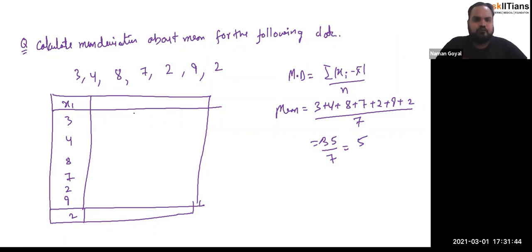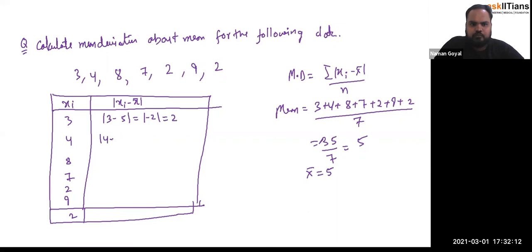Now we have to write down the table for modulus of xi minus x bar. The value of x bar is 5. Now xi is 3, so it will be 3 minus 5, modulus of minus 2, and mod of minus 2 is 2.